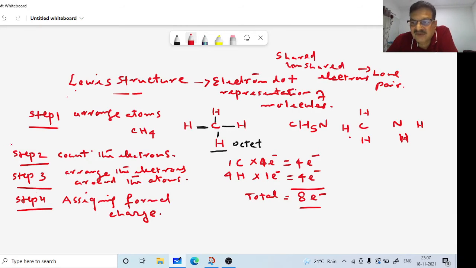Have all the electrons been used while drawing the structure? Is each hydrogen surrounded by 2 electrons? And is each second row element surrounded by not more than 8 electrons? If your answer to these 3 questions is yes, then you can safely say you have drawn a correct Lewis structure.